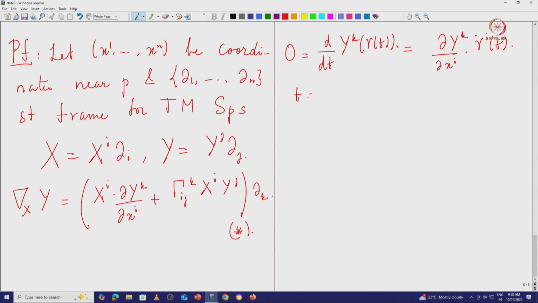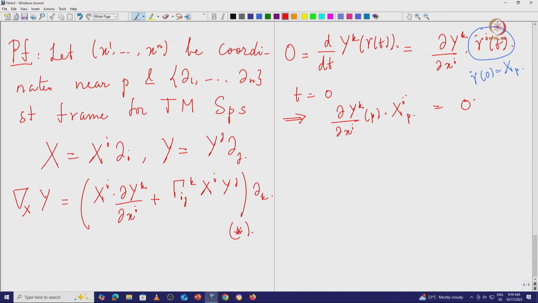Now when you plug in t equals 0, this implies that del yk by del xi at p times xi at 0 is 0, because gamma dot at 0 is simply xp, so this is simply xi p.